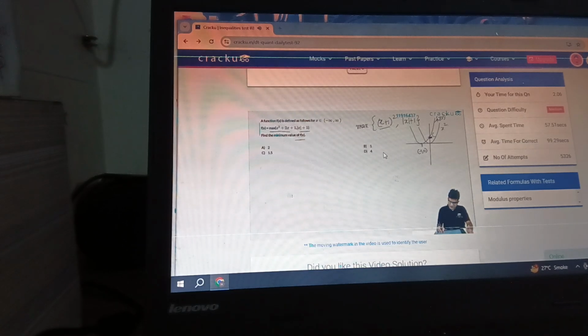So this point is 0 comma 1. So if you're drawing the graph of (x plus 1) whole square, it will look something like this. This is the y-axis and this is the x-axis. It will be symmetrical around the point minus 1 comma 0, and it will intersect the y-axis at 0 comma 1.